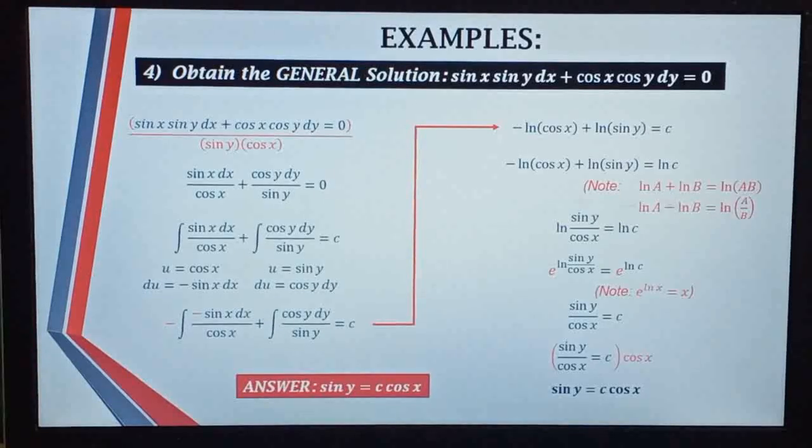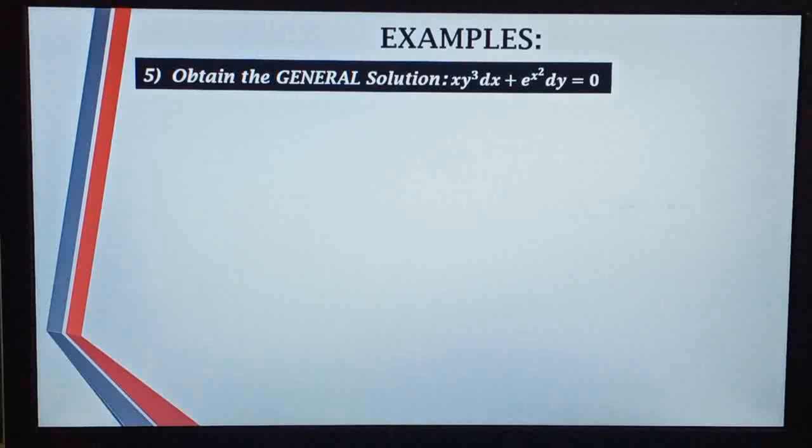Then moving forward to the next example, we have example number 5. Obtain the general solution again of the xy cube dx plus e raised to x squared dy equated to 0. So in terms na din siya ni dx and dy, so all we have to do is to separate the x and the y. Separating that, we have to divide the equation by e raised to x squared, then y cube.